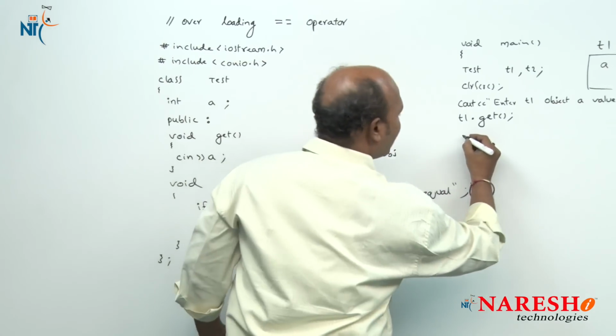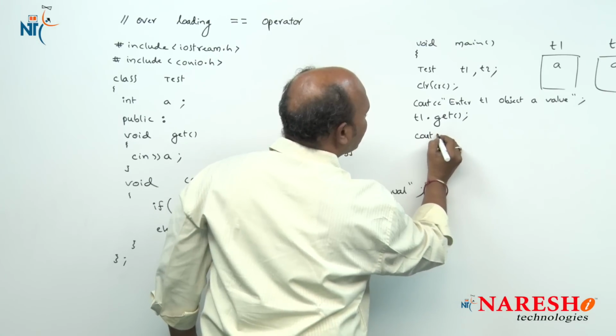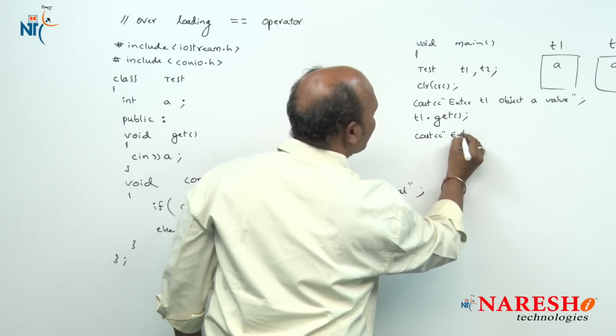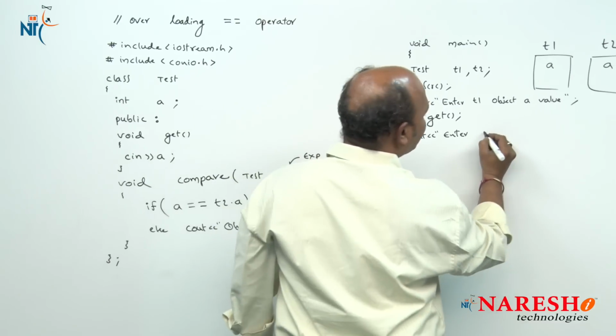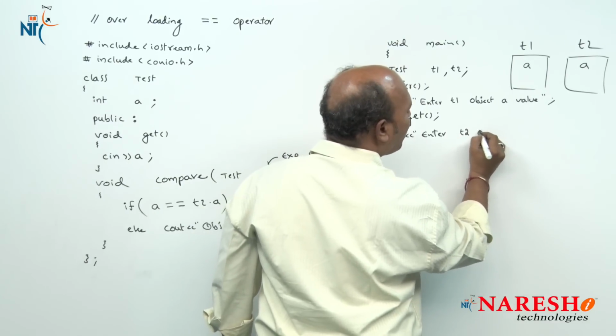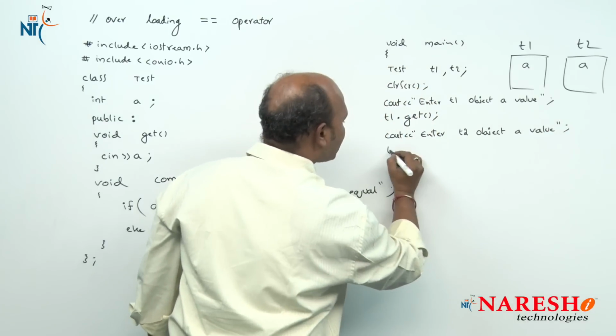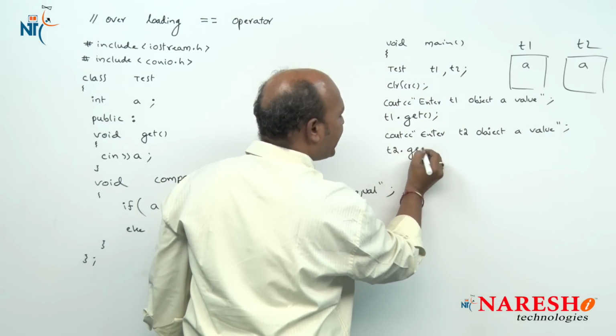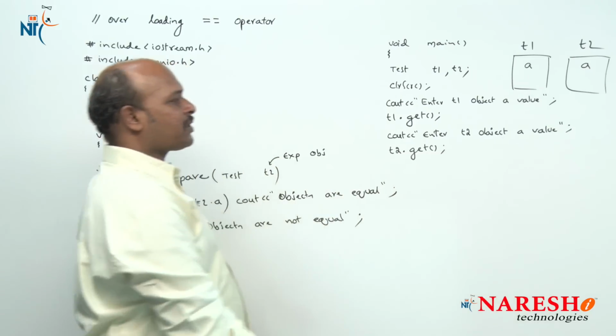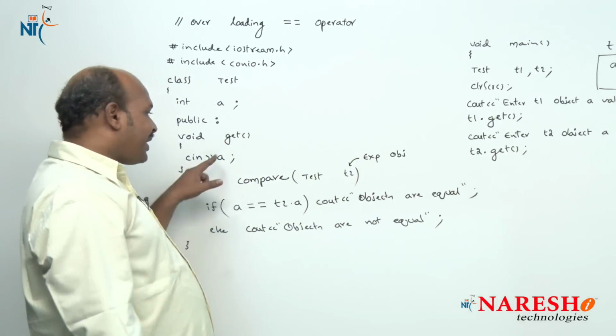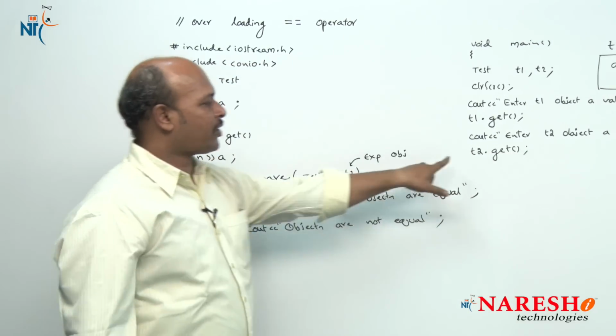Okay, fine. Later cout, enter T2 object A value. Okay, next T2 dot get. Now this function is going to do what? It is reading once again get, meaning we are calling the get.